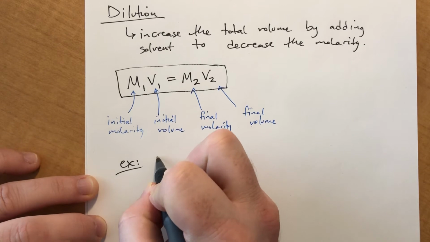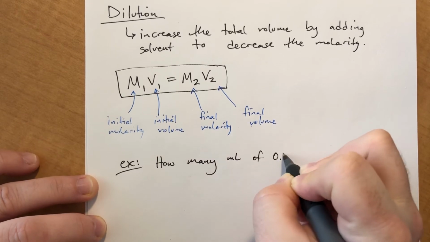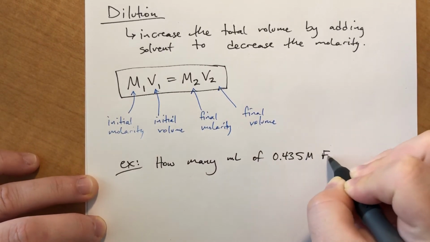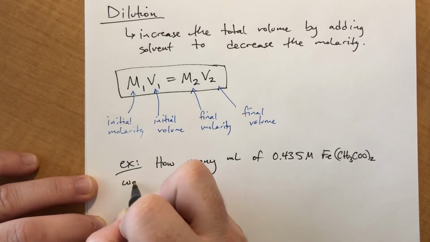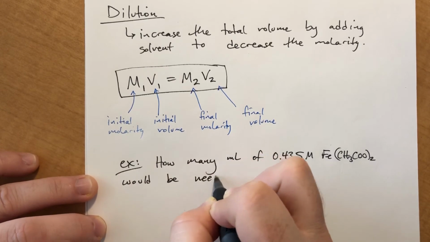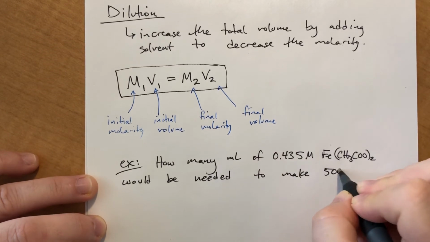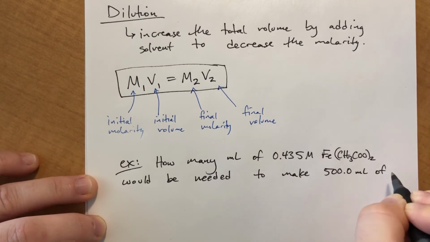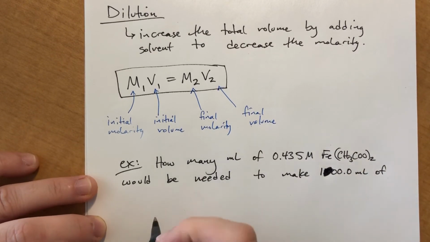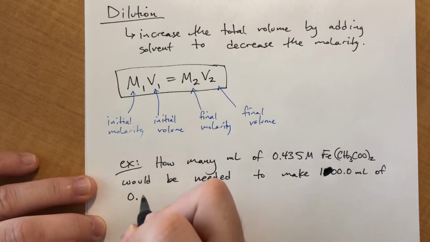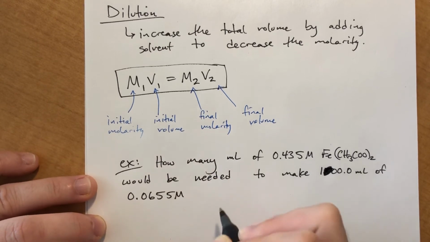And we want to know how many milliliters of 0.435 molar Fe(CH3COO)2 would be needed to make 100 milliliters of 0.0655 molar solution.